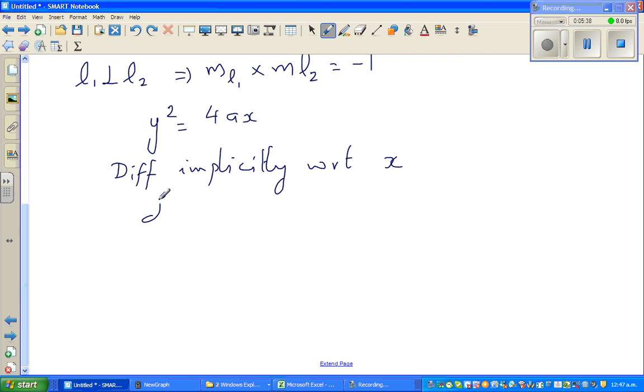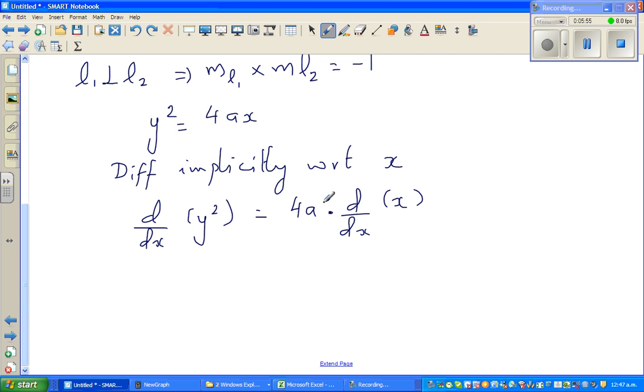So dy dx of y squared is equal to 4a times dy dx of x. Now 4a is a constant, so you can take it out.